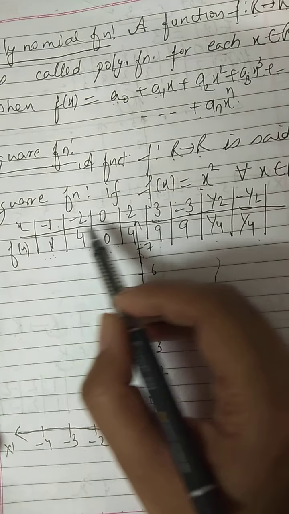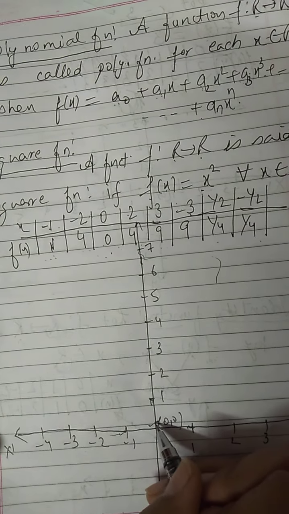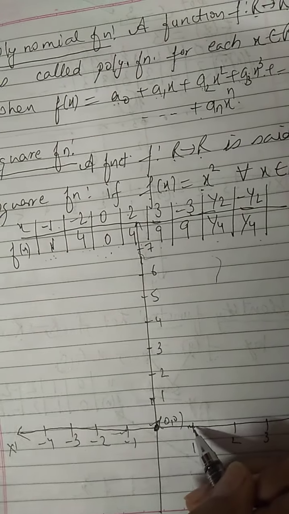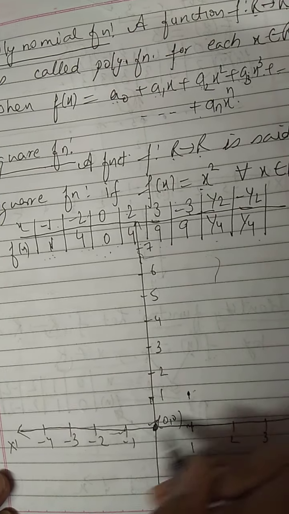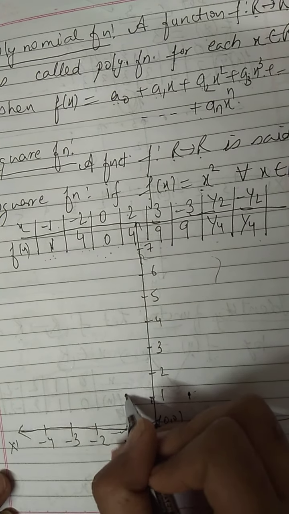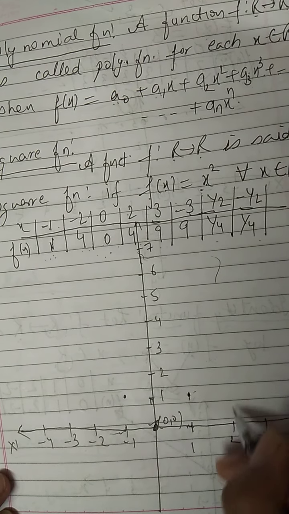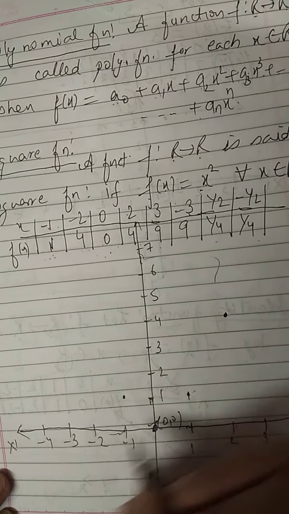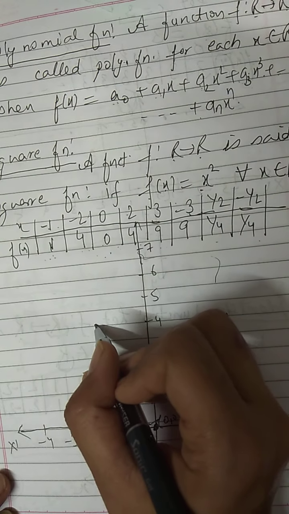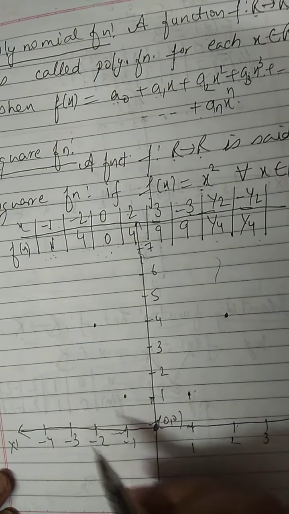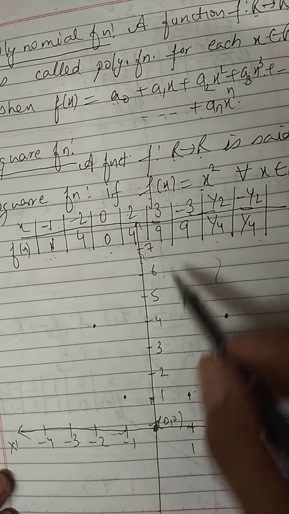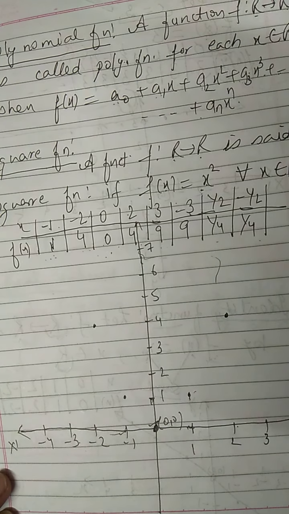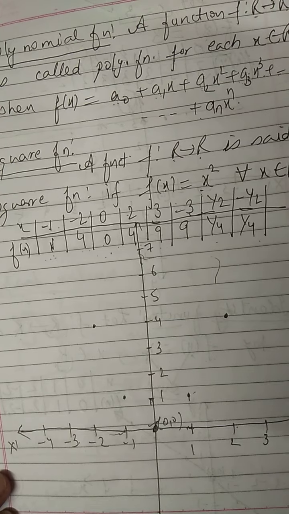Now the image of 0 is 0, so it will come here. The image of 1 is 1. The image of -1 is also 1. The image of 2 is 4, so it will come here. The image of -2 is also 4, so it will come here. And for the image of -3, I have not plotted till number 9. If you people can do that, right?